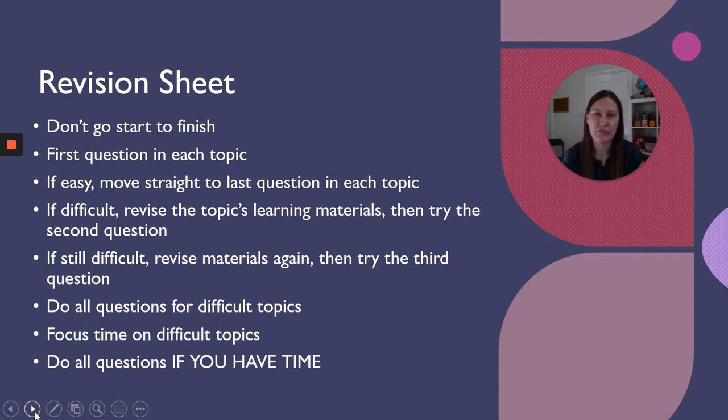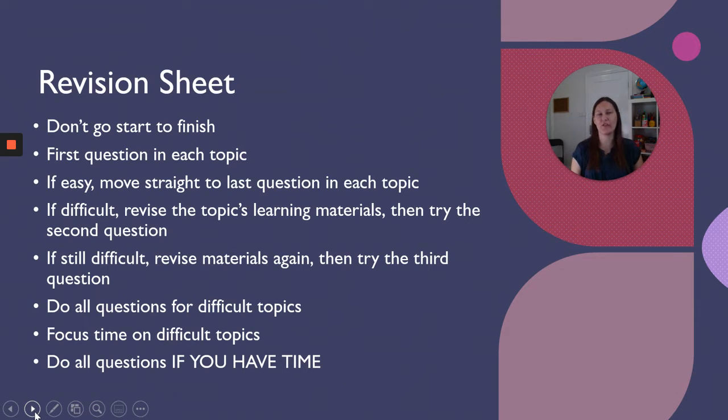Often you're given a revision sheet before an exam, and that might be a whole lot of activities that are based on the different topics that you've covered and the different topics that are going to be on the exam. If you're not given a revision sheet, you need to create your own. And if you're not given a sheet of activities, you've probably been given a list of topics at the very least, perhaps a list of topics and a link to your school's online maths portal or your textbook and some pages that you can look at or something like that.